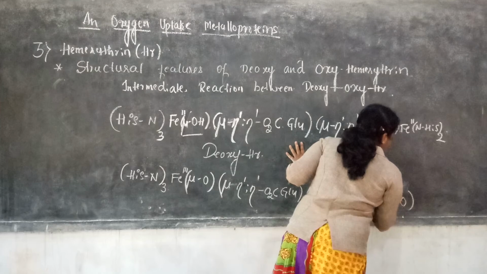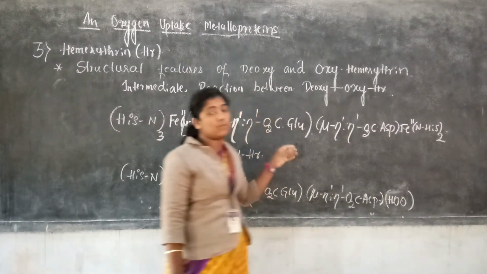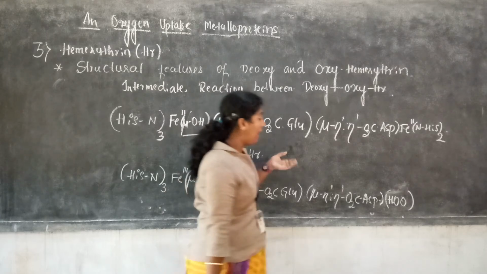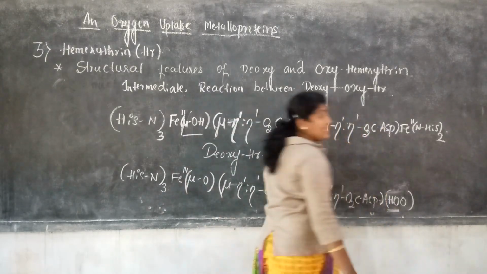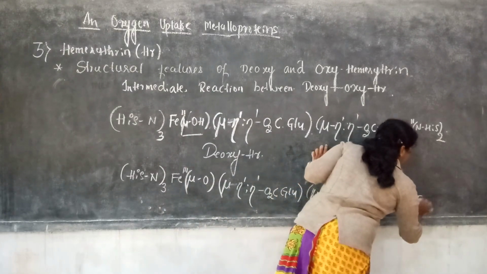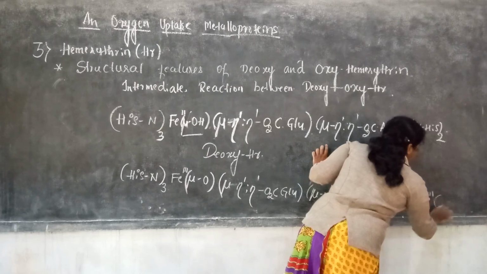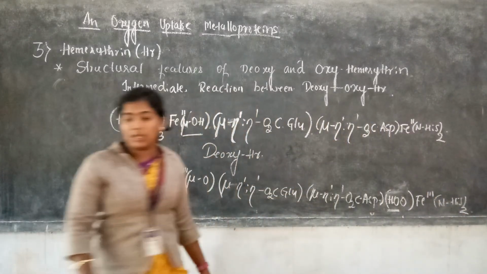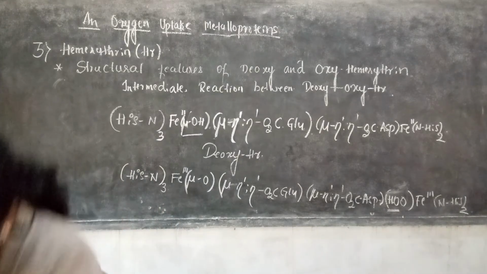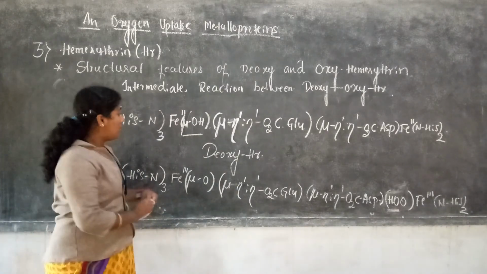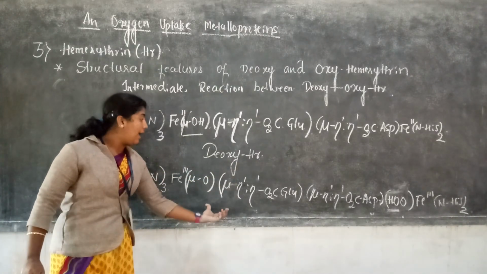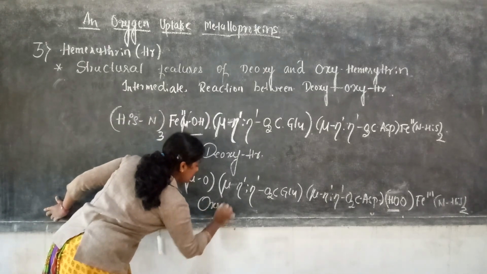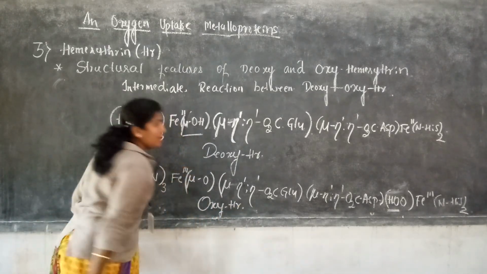So dioxygen binding takes place asymmetrically in the oxy form of hemerythrin. We have one peroxo group on the second iron center, then Fe3 and histidine twice. These are the structural representations of the deoxy form and the oxy form of hemerythrin. This is the oxy form of hemerythrin.